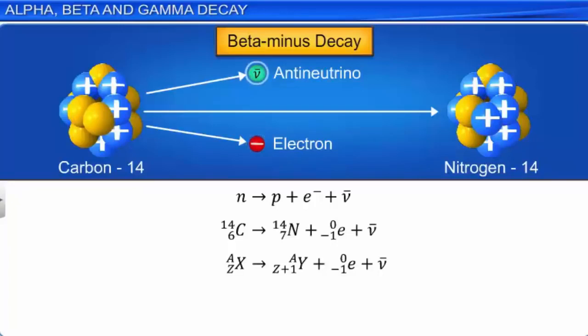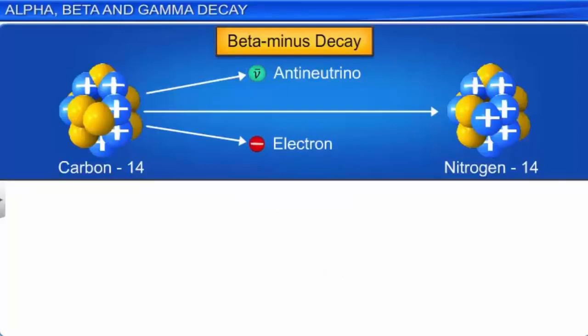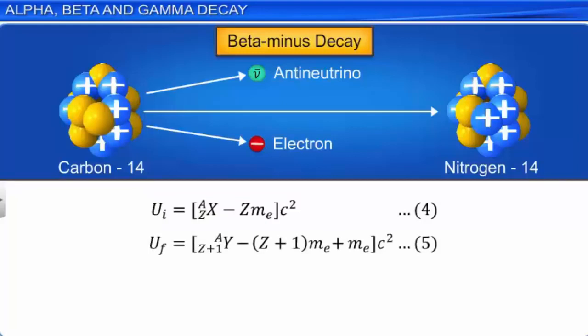Let us now calculate the Q value for the beta minus decay. The rest mass energy of the initial constituents is equal to Ui, given by equation 4. The rest mass energy of the final products is equal to Uf, given by equation 5. Then, the Q value of the reaction will be Ui minus Uf.